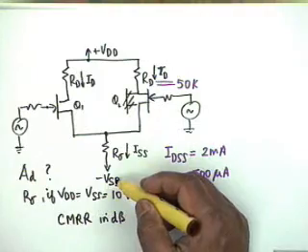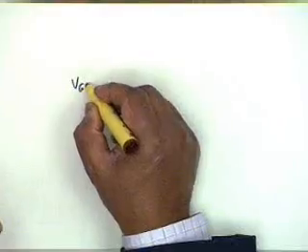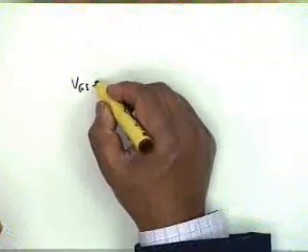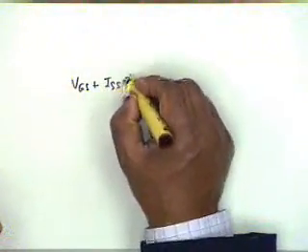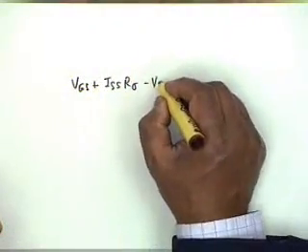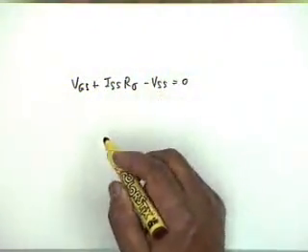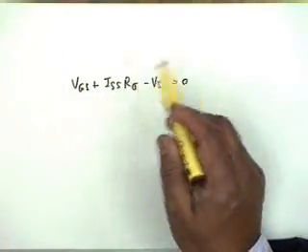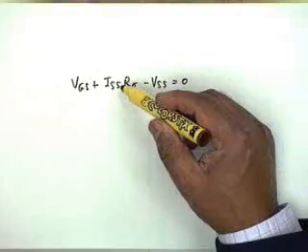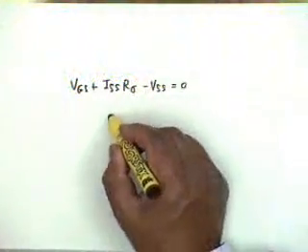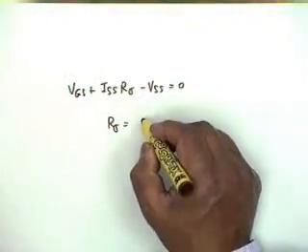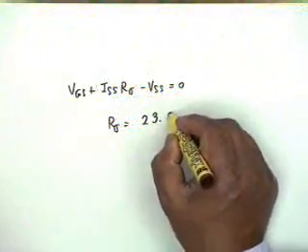So, VGS plus ISS R sigma minus VSS equal to 0, in which we know VGS, we have already calculated minus 1.94 volt, we know VSS, it is 10, we know ISS, which is 500 microampere. Therefore, I can calculate R sigma, and my calculation gives 23.8 K.